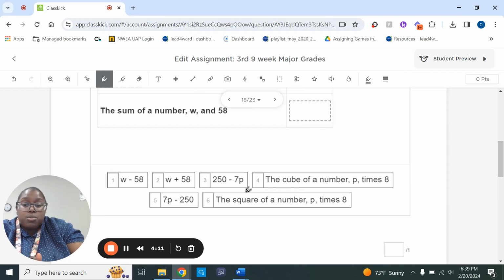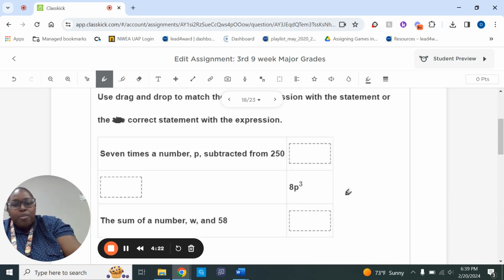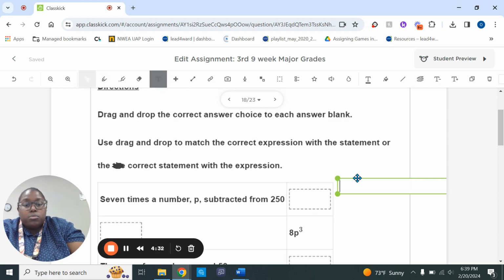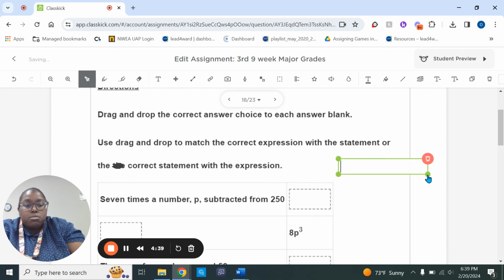When you turn this into Schoology, you will be able to click and drag this to where it needs to be. So that's neither here nor there. Excuse me. So what are we supposed to be doing? Let me fix my text box.